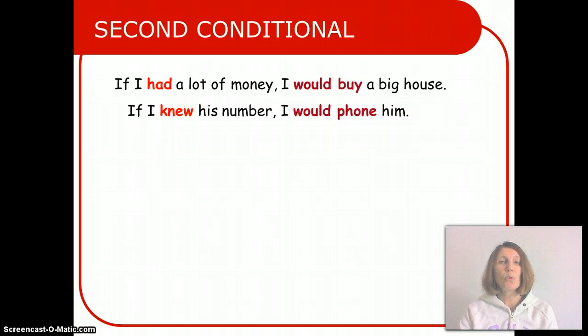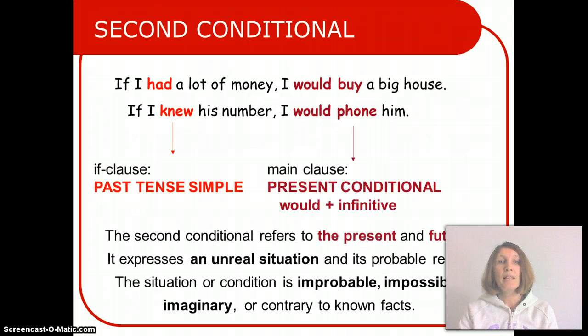So, can you tell what the rule is for the second conditional? That's right. The if clause has the past simple tense, whereas the main clause is using would plus an infinitive. That's the present conditional. So, like the first conditional, the second conditional refers to the present and the future.